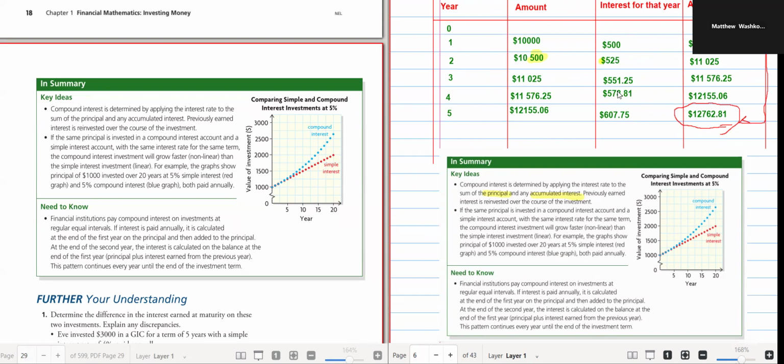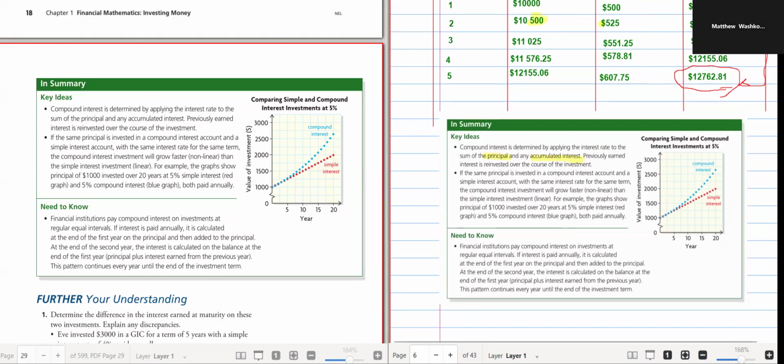And it grows at an accelerating rate, right? This went up $25. This went up $26. This went up $27. This went up $29. Now there was some cents there, and this isn't saying it just goes up by $1 every time. There's a rate to it. The point being is it increases more and more.